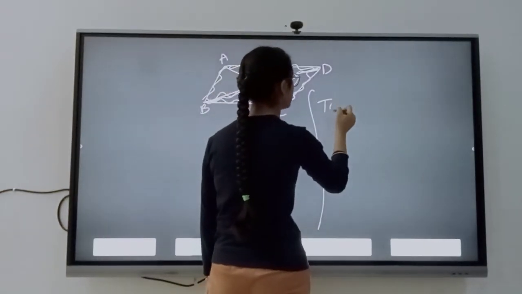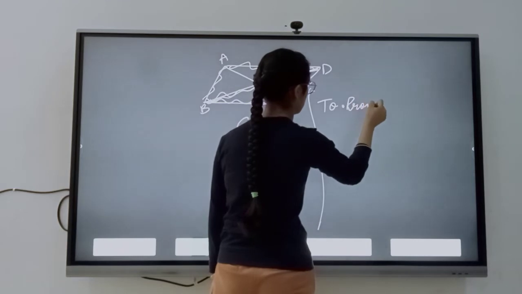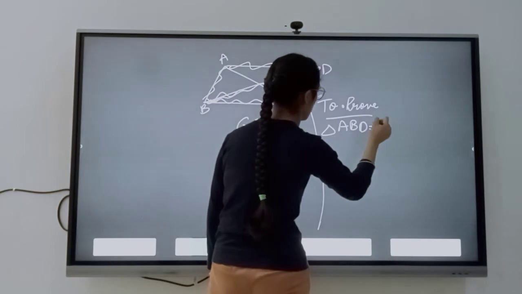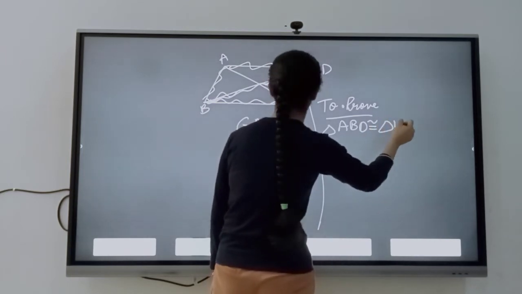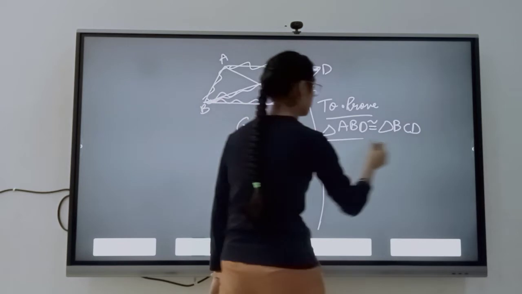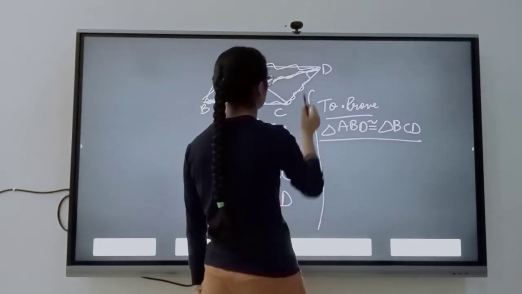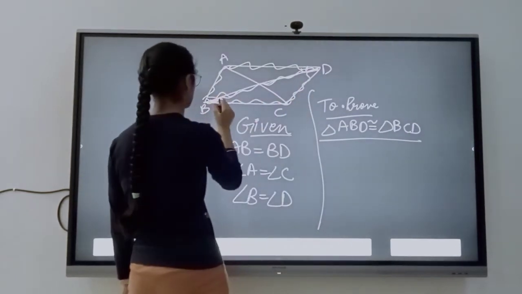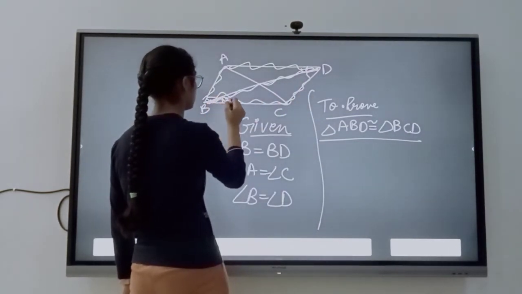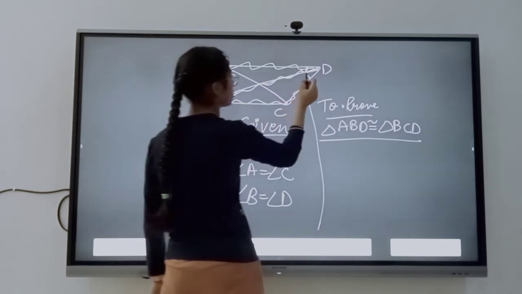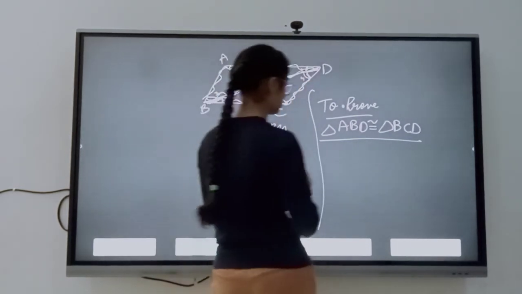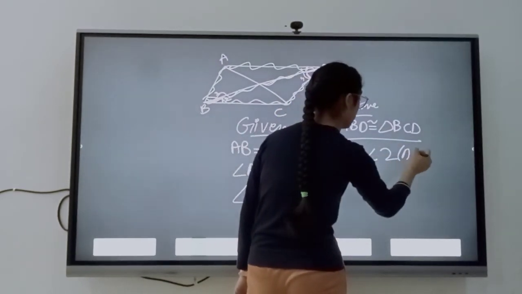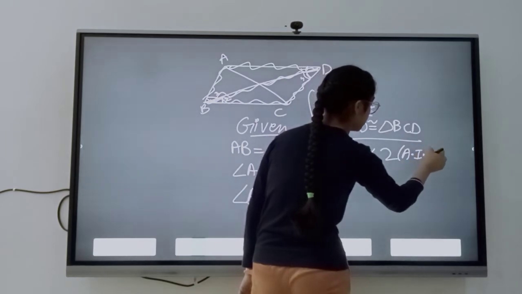What we have to prove is that triangle ABD is congruent to triangle BCD. To prove this, we will use a congruency theorem, which is that angle 1 here is equal to angle 2 here and angle 3 is equal to angle 4. Angle 1 is equal to angle 2 due to the alternate interior angles property.